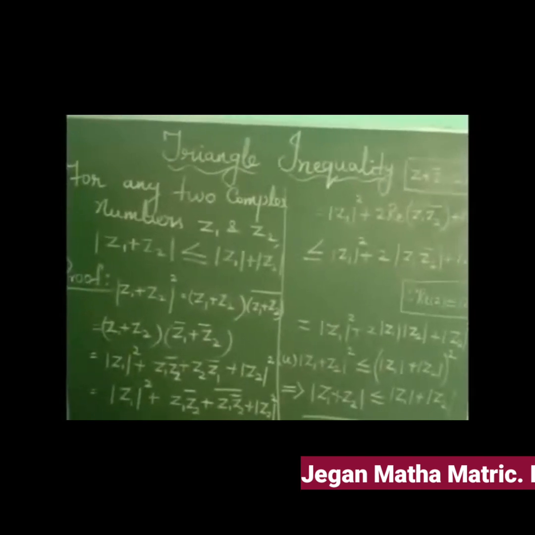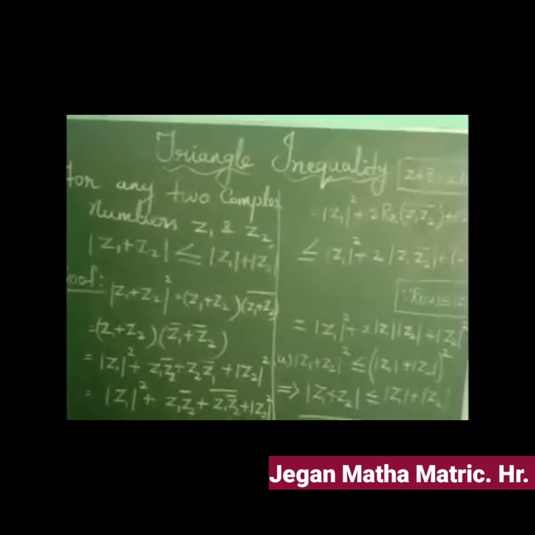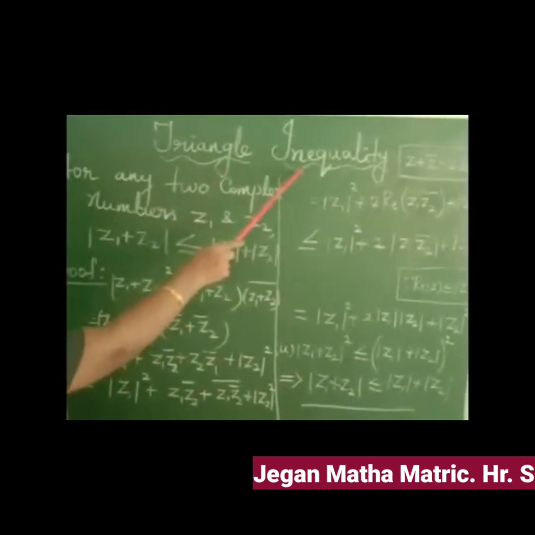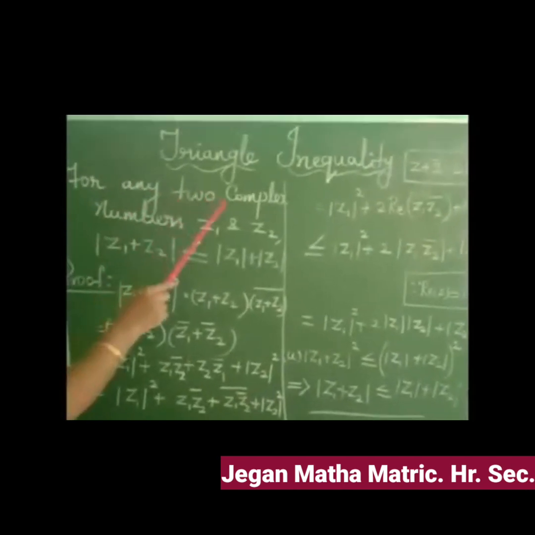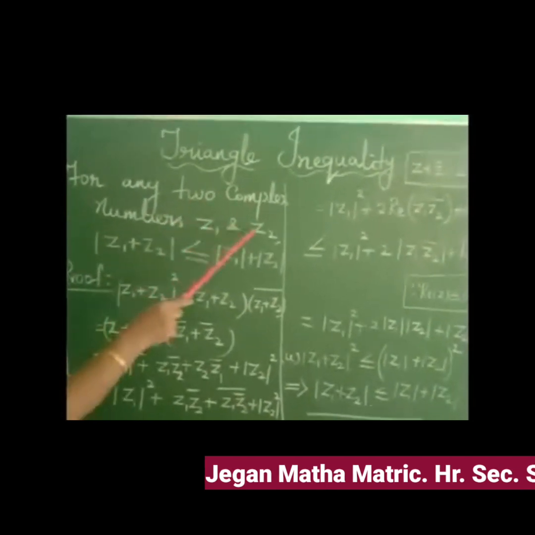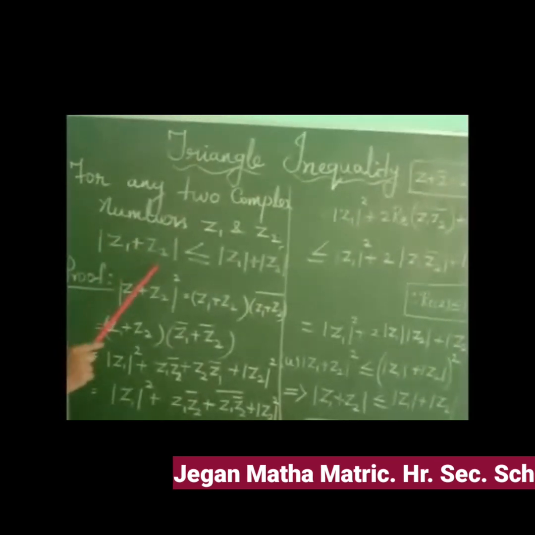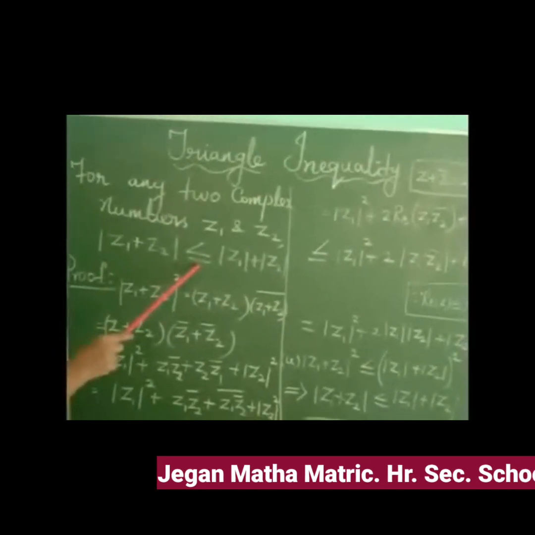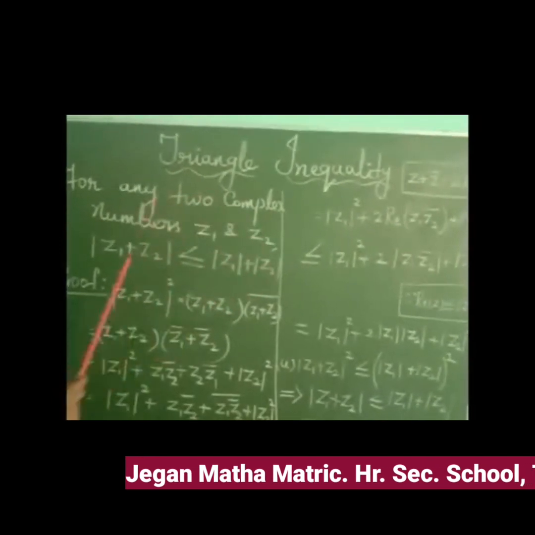Now, based on the properties of the modulus of a complex number, we can prove the triangle inequality. What is the statement? For any two complex numbers z1 and z2, the modulus of z1 plus z2 is less than or equal to modulus of z1 plus modulus of z2.